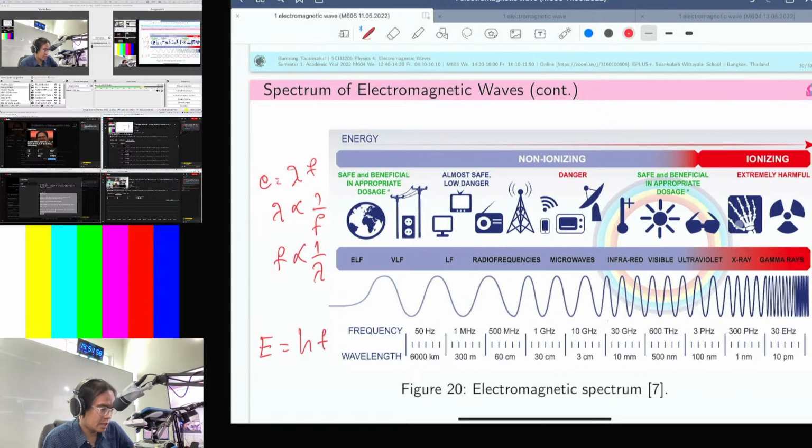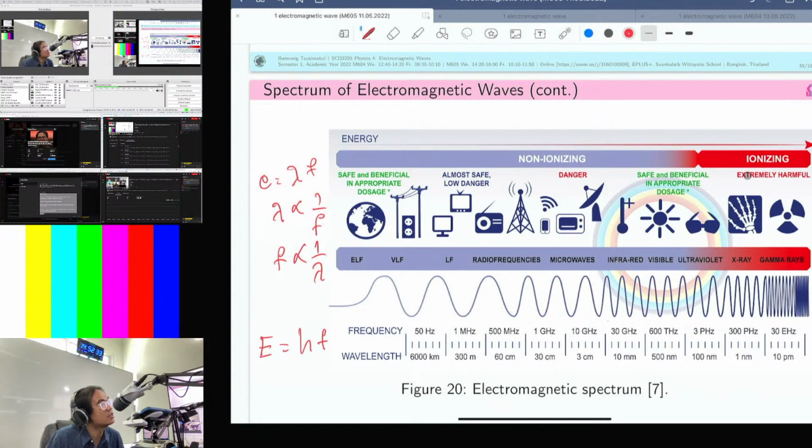So X-ray is used in some applications. For example, if the doctor wants to see what's going on with your hand, they're going to use X-ray to see through and see something inside your skin. And you can see that the wavelength turns out to be very, very short. The last one is the gamma ray region.